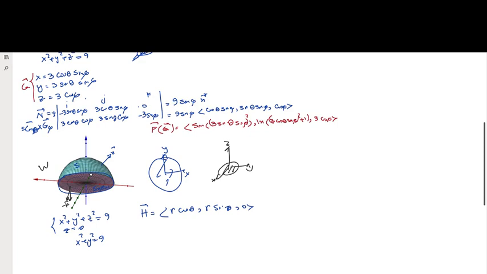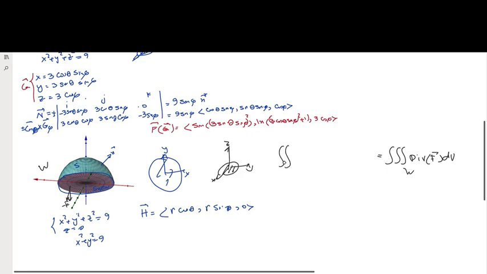Let's say there's a volume W, and the divergence theorem says that the triple integral of the divergence of f on that W is going to be equal to the surface integral of f on S plus the surface integral on S nu of f.